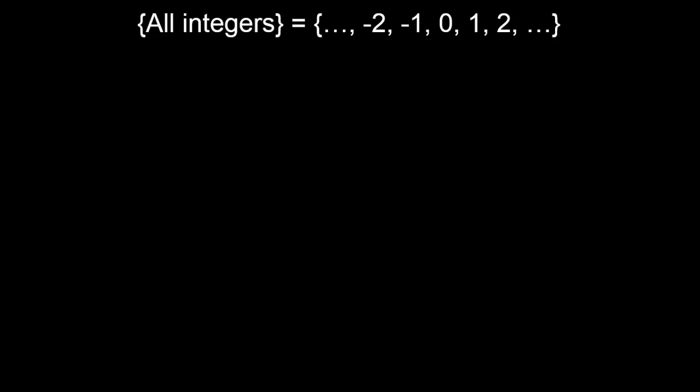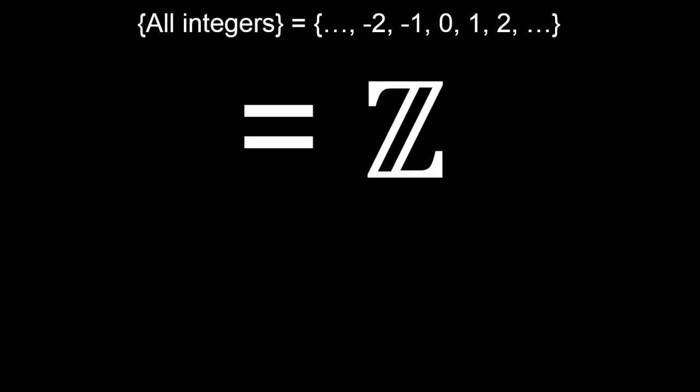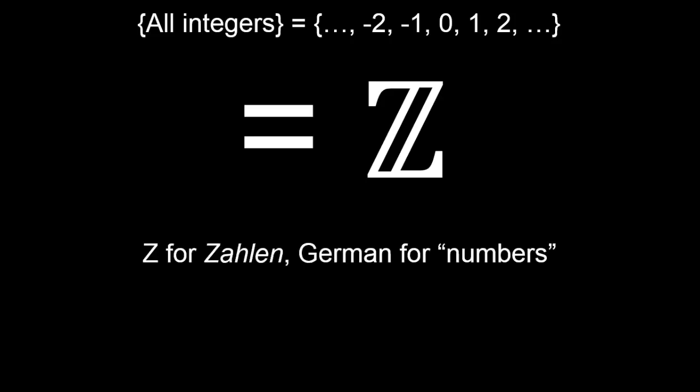The ellipsis here indicating that this set includes -3, -4, and so on and so forth. So just like in the case of the real numbers where the big letter R stood for the set of all real numbers, similarly here the big letter Z is going to stand for the set of all integers. Z here simply being the first letter of the German word Zahlen, which means numbers.